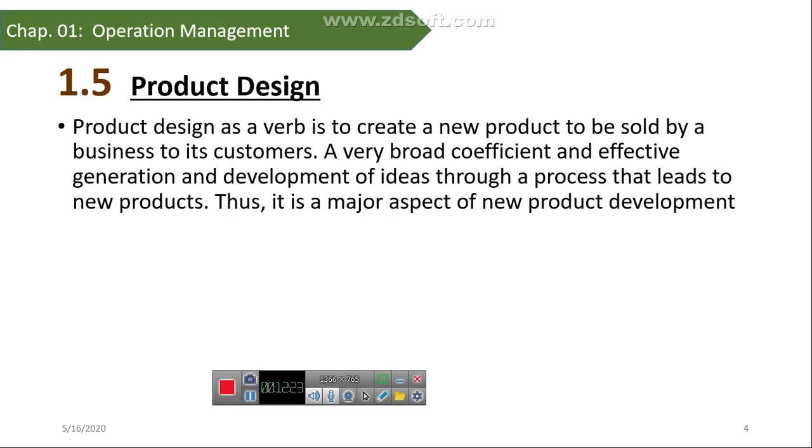Second, facility for the operator. It is the task of the product designer to ensure that the operator can perform the intended operation using the product.